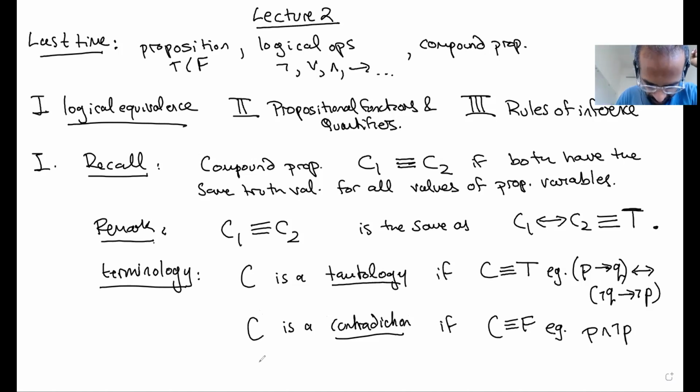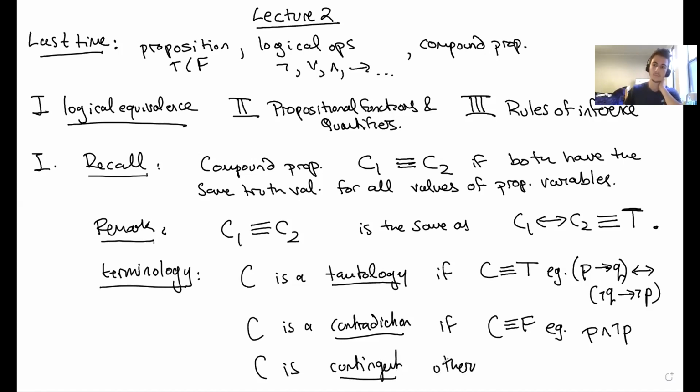And otherwise it's called contingent. You can think about these three cases in terms of their truth tables. A tautology has the property that all the rows in its truth table are true. A contradiction, all the rows are false. And a proposition is contingent if some of the rows are true and some of them are false.